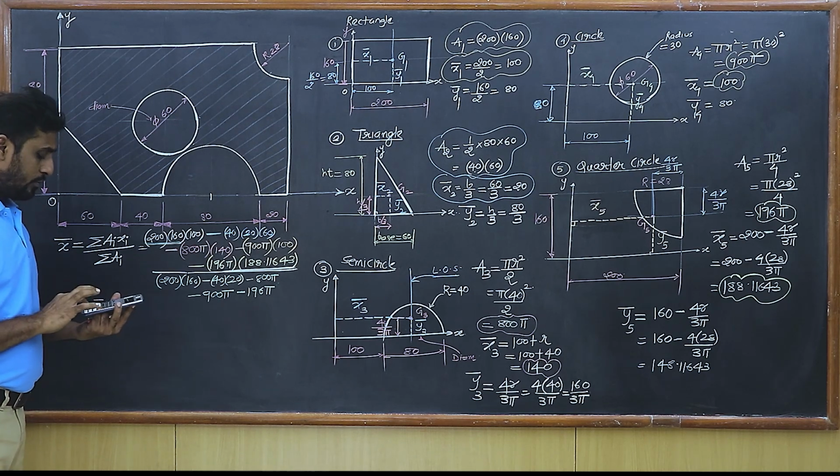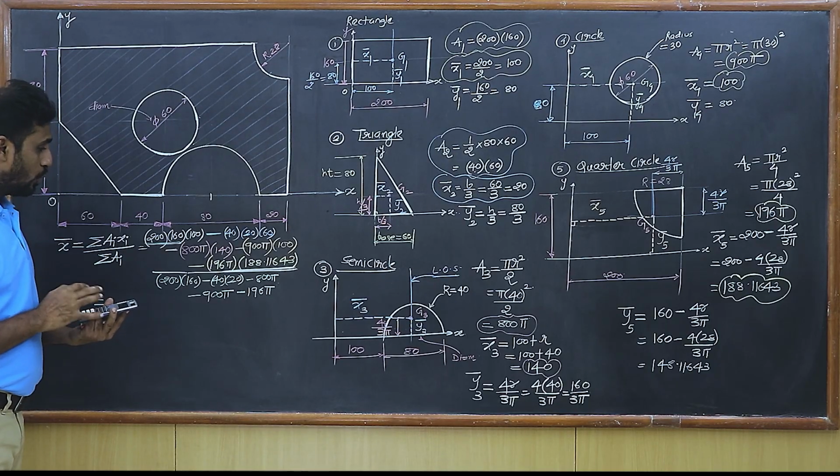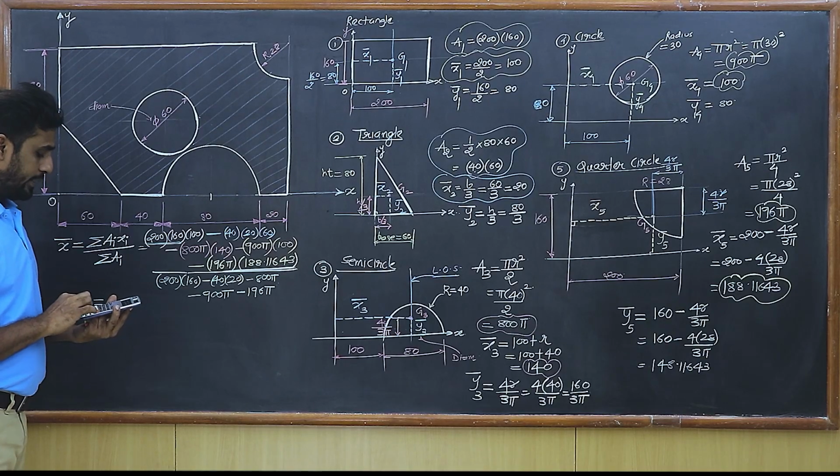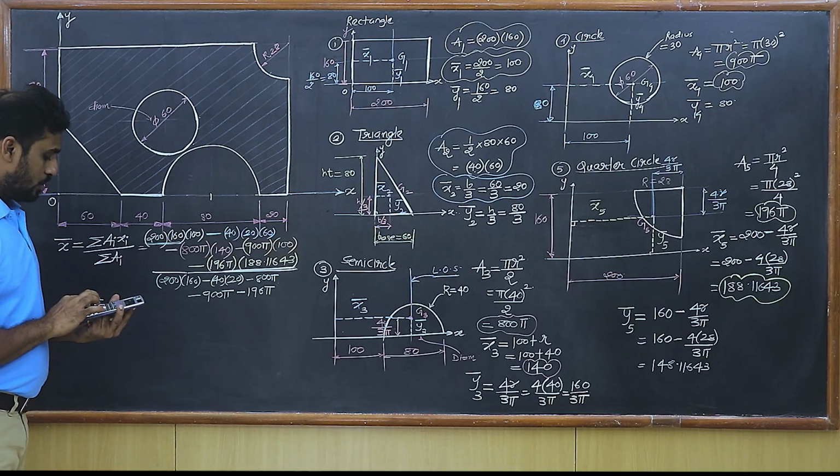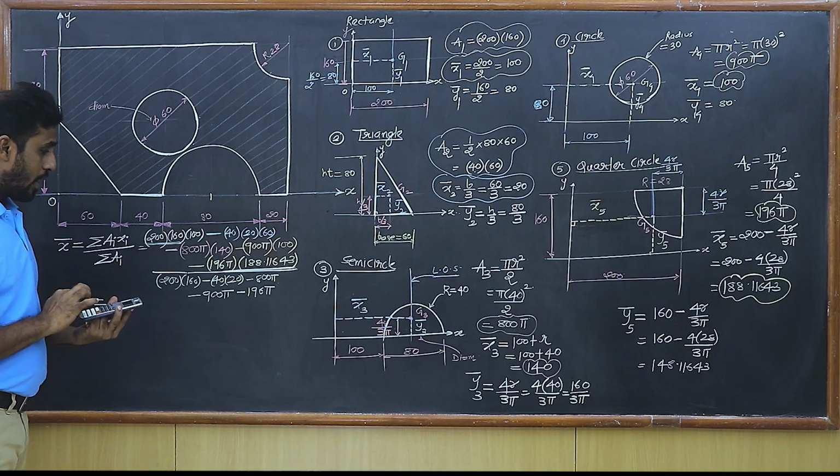So I have 200 into 160 into 100 minus 40 into 20 into 60, then minus 800 pi into 140, then minus of 900 pi into 100, then minus of 196 pi into 188.11643.